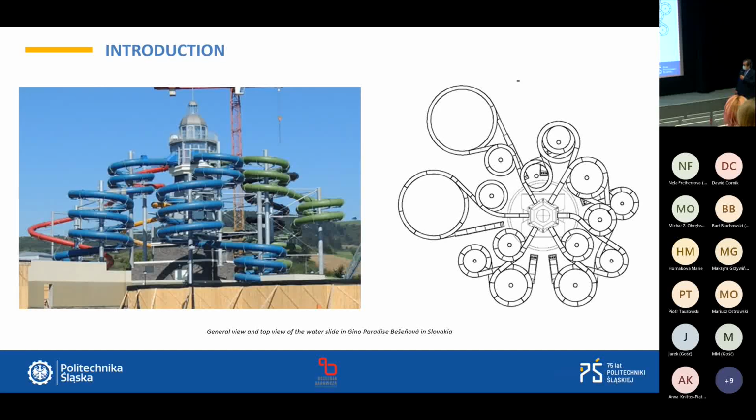This is a very big structure made in Slovakia. And in such a big structure, one of the problems is not only the structure itself, but also the wind. And as you can see, modeling such a problem and designing the structure is a very complicated thing.